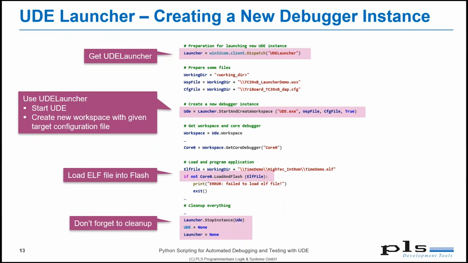The rest looks the same, so I skipped the lines in between. At the very end, we have to change our cleanup a little bit, of course, because now we have the launcher. You can use the launcher to stop the instance, so you close UDE and also clean up the launcher object as well.